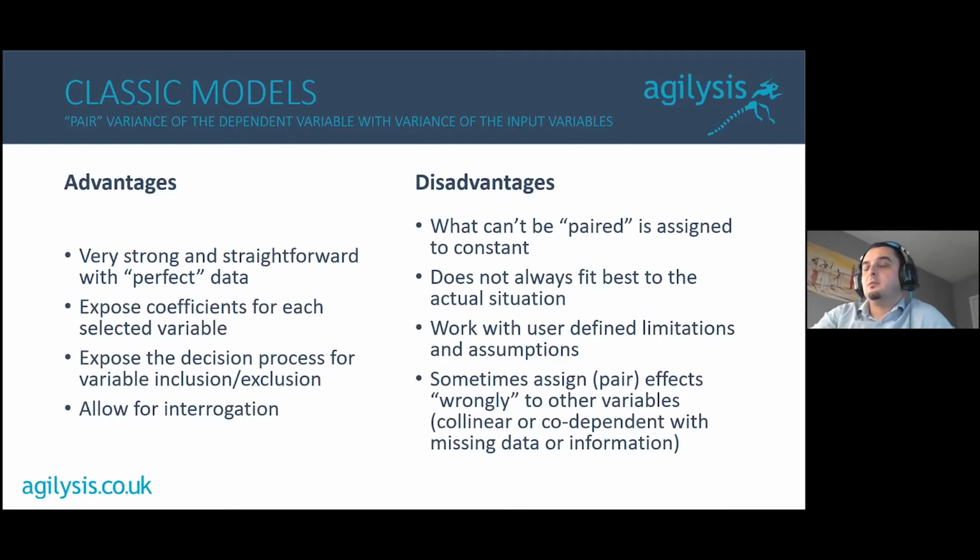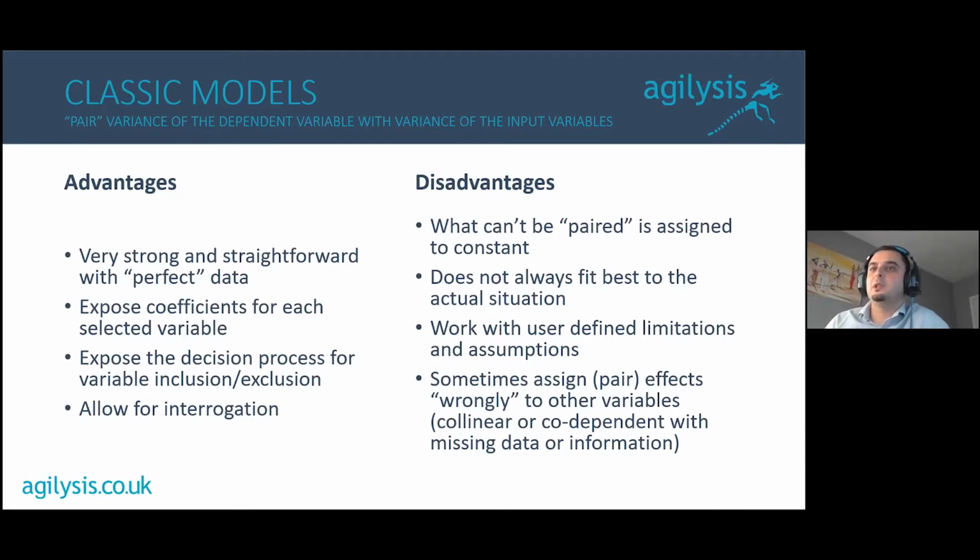One of them, which is not the worst case scenario, is that what cannot be paired is assigned to a constant. So you start from a level, but you don't know why you start from that level. Then, especially in more difficult situations, the models that we get do not fit best for the actual situation. Also, these classic models work with user-defined limitations and assumptions.